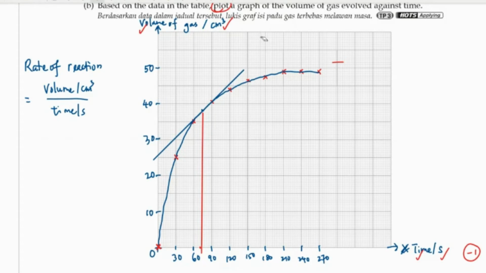So I want to take this point. I want to take here, and then I want to take this point. Okay, so you can extend now.